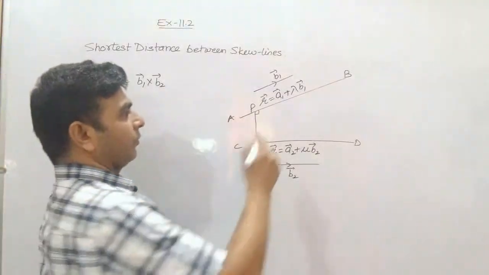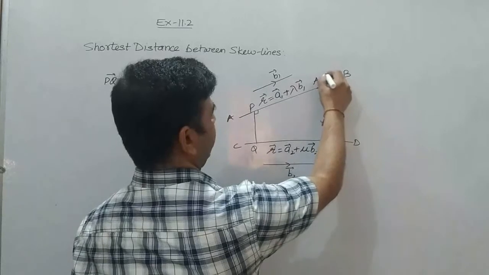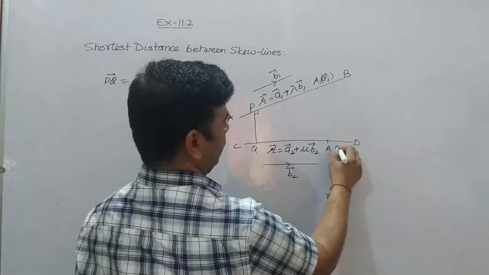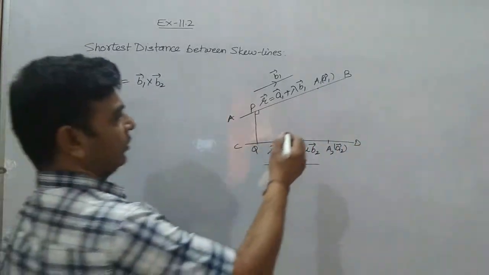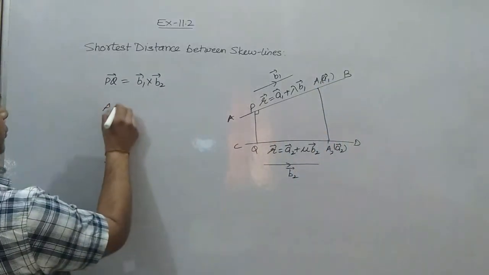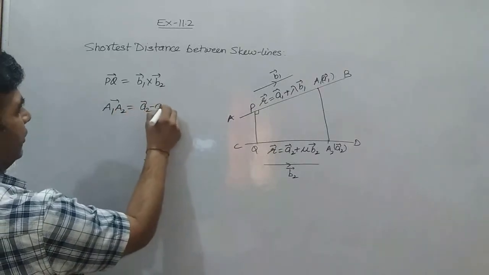Now let's see, if this is the point A1, whose position vector is vector a1, and this is A2, whose position vector is vector a2, through which the lines are passing, then vector A1A2 is given by vector a2 minus vector a1.